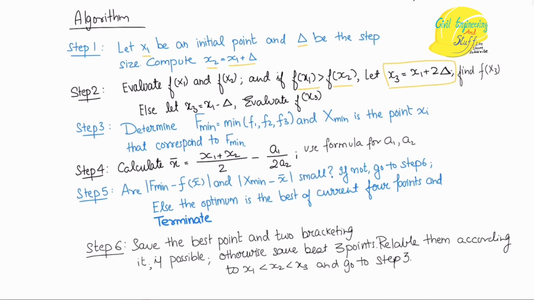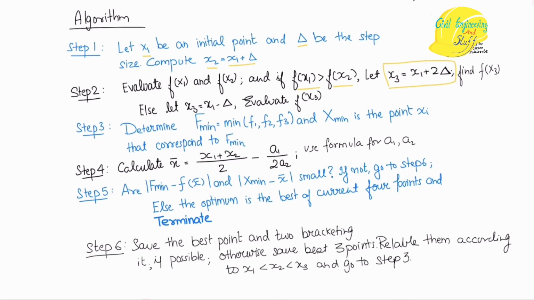If the values are small enough, then we can terminate the iterations, and we choose the best of the 4 points that we have found, that is, the point giving the minimum function value. If the values are not small enough, we will move to step 6.